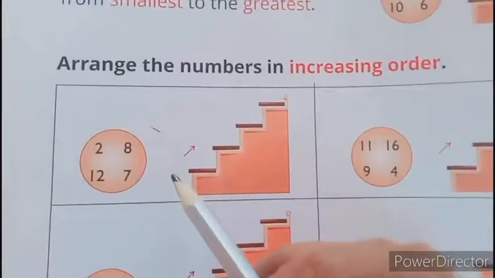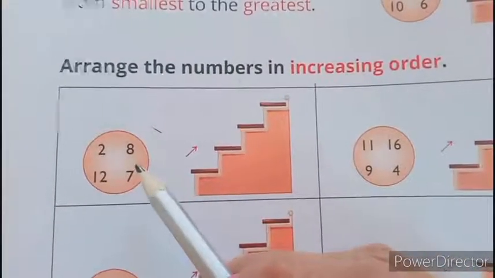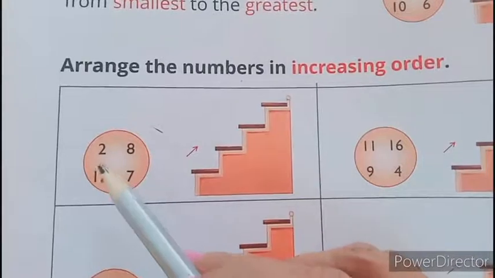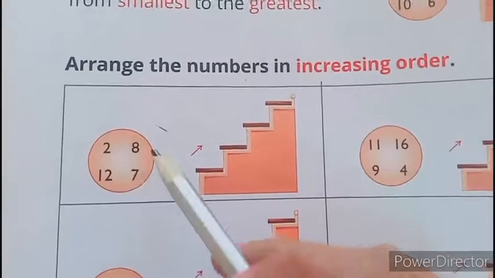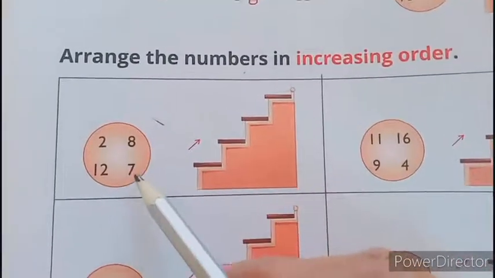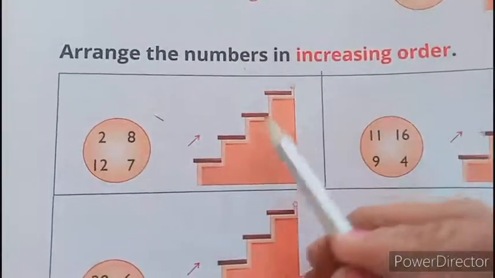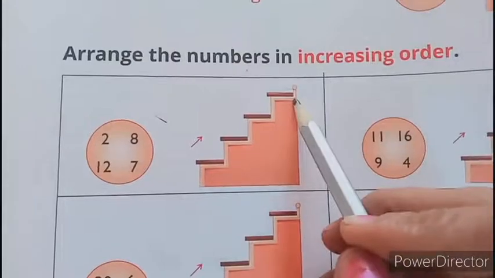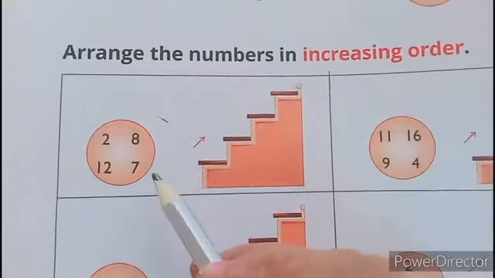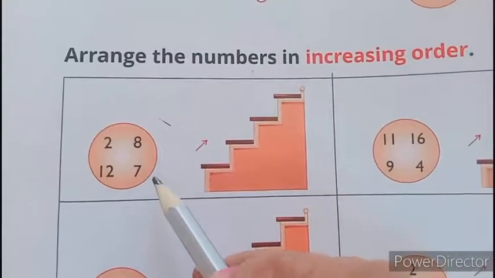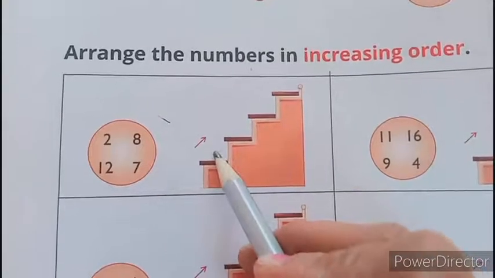Now tell me, how many numbers are given here? 4 numbers are given here. Among these we have to select smallest to biggest. We have to arrange smallest to bigger number. So at the very first, which number will you write here?